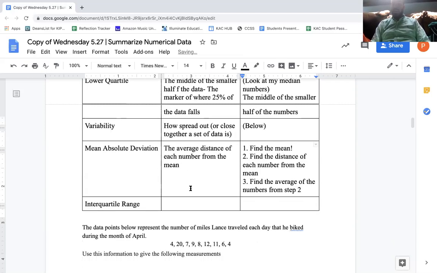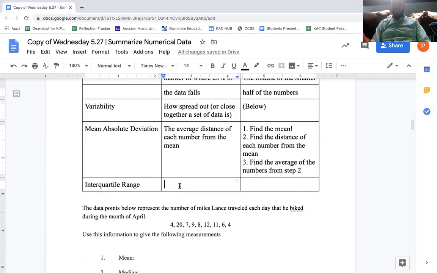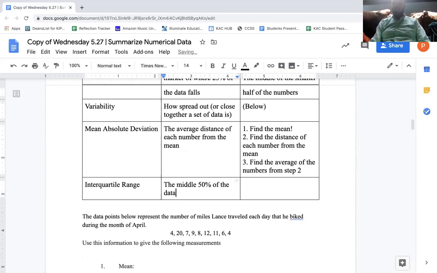Again, we'll look at an example of that below. Last measurement that we've learned is interquartile range. Interquartile range is the middle 50% of the data. And how do we find the interquartile range? We do the upper quartile minus the lower quartile. Okay?